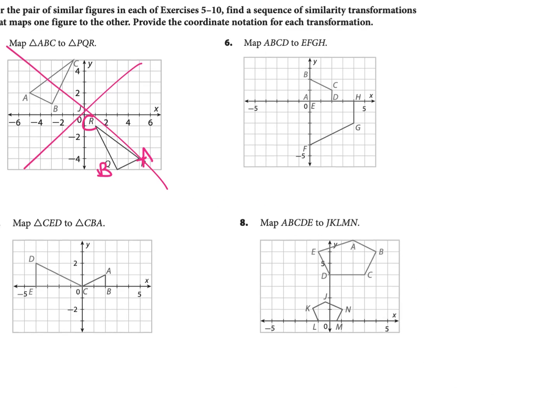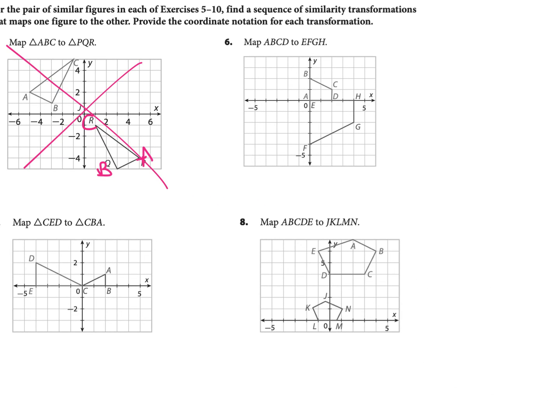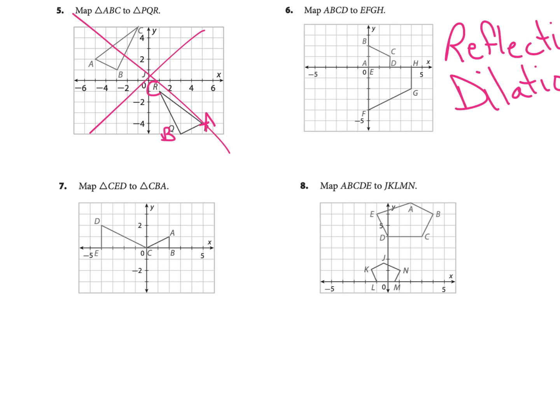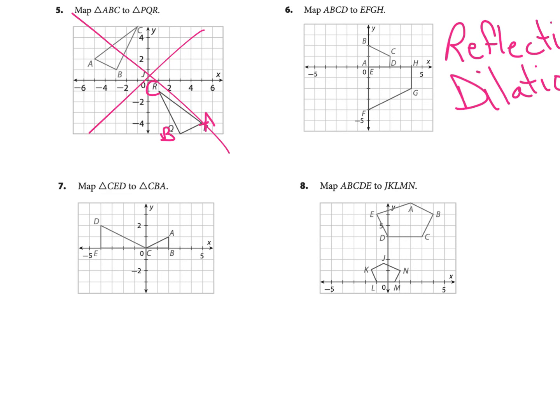There's a couple in there. This is just a reflection and a dilation. Maybe a translation, but I don't think so. 1, 2, 1, 2, 3, 4 is a dilation and a reflection. So just write it out.